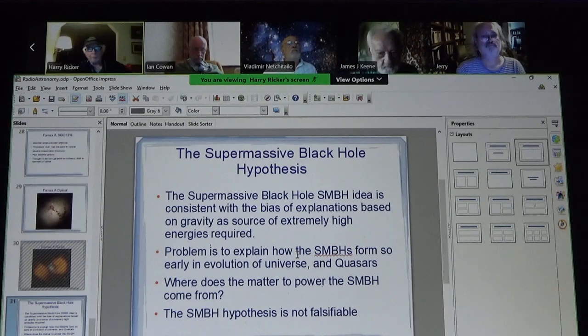Black holes are supposed to form from a star that gravitationally collapses, and then it sucks in all this gas from around it, and as it's sucking in all this gas from its surroundings, it creates what they call an accretion disk. This accretion disk is supposed to get really hot and radiate X-rays and all these exotic high energy emissions.